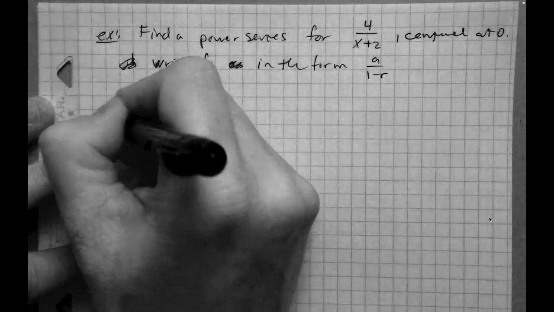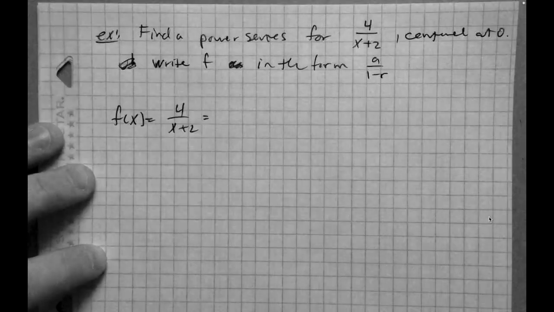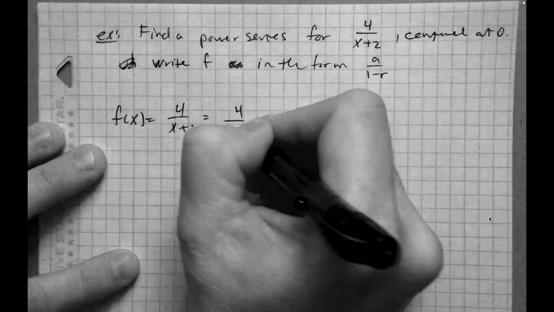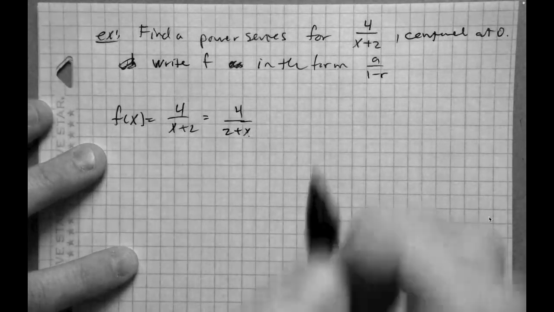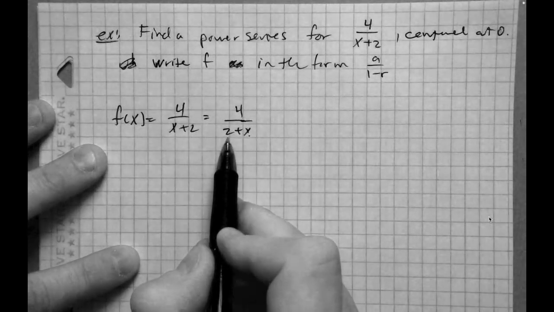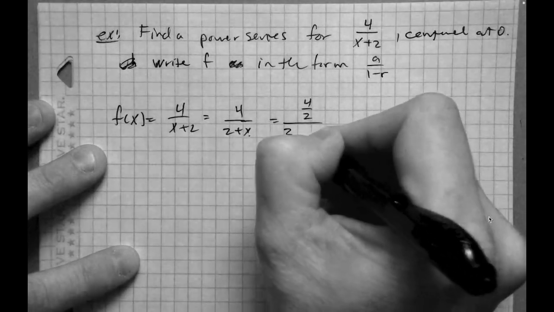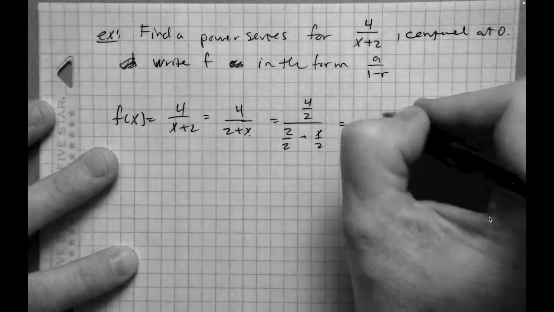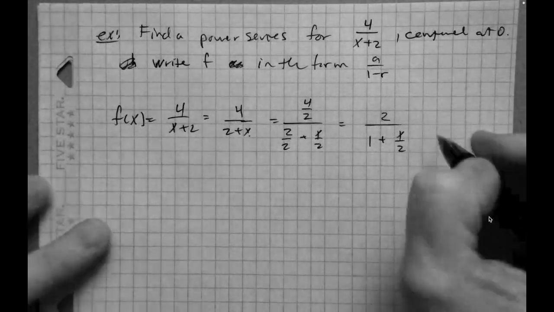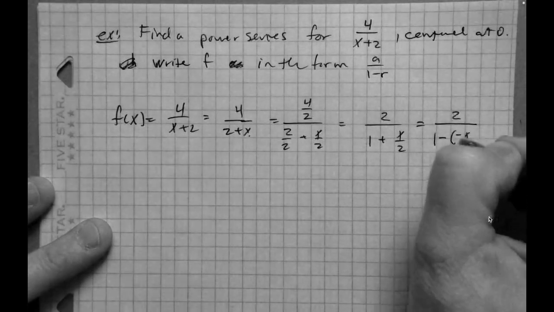So f of x equals 4 over x plus 2. Let's kind of reverse it, so it's 4 over 2 plus x. So let's divide everything down by 2, first of all, because this needs to be a 1. So that'll be 4 over 2, over 2 over 2 plus x over 2. So it'll be 2 over 1 plus x over 2. Okay, and then technically we would have 2 over 1 minus negative x over 2.